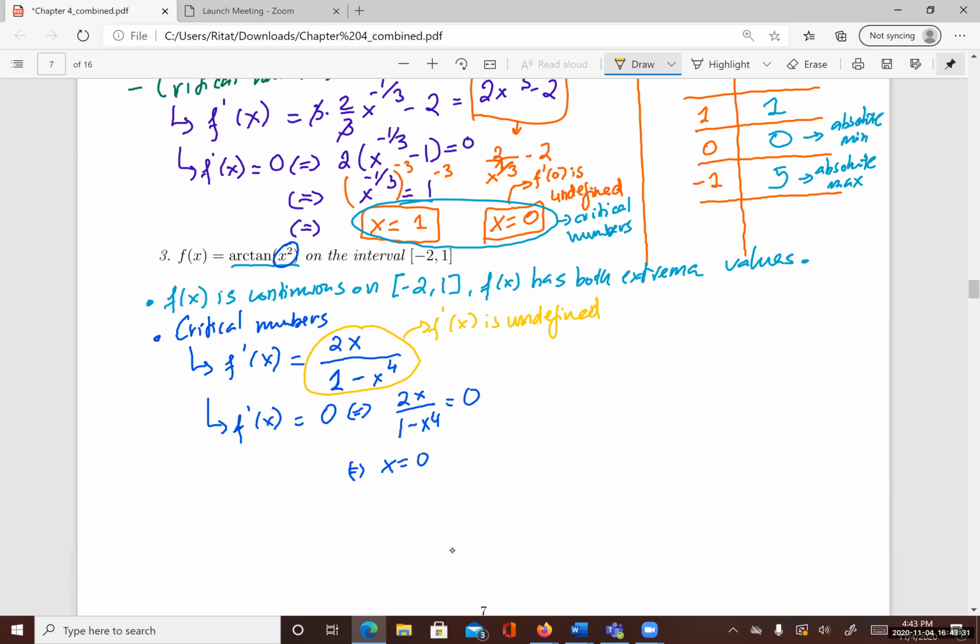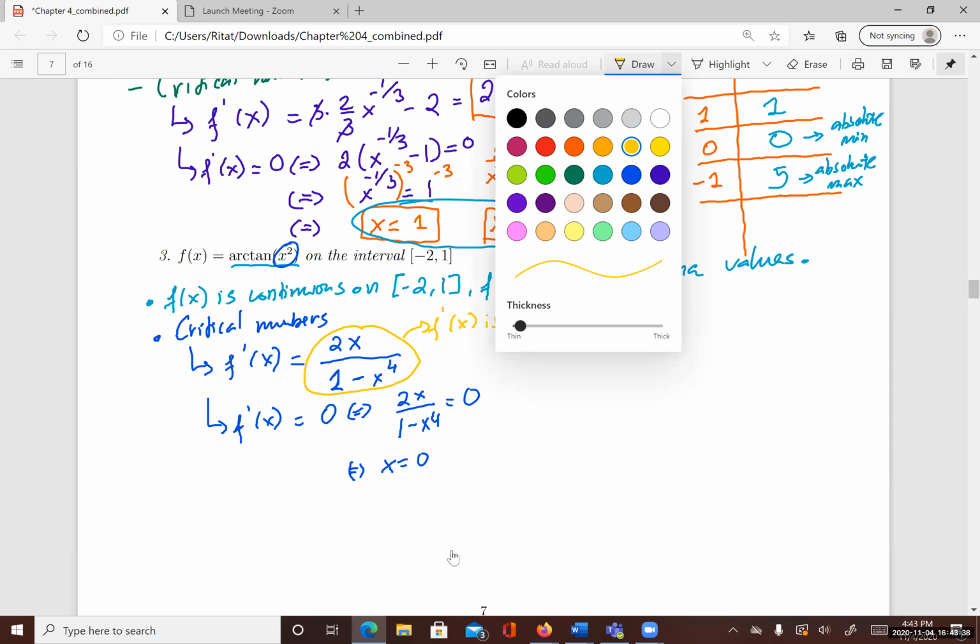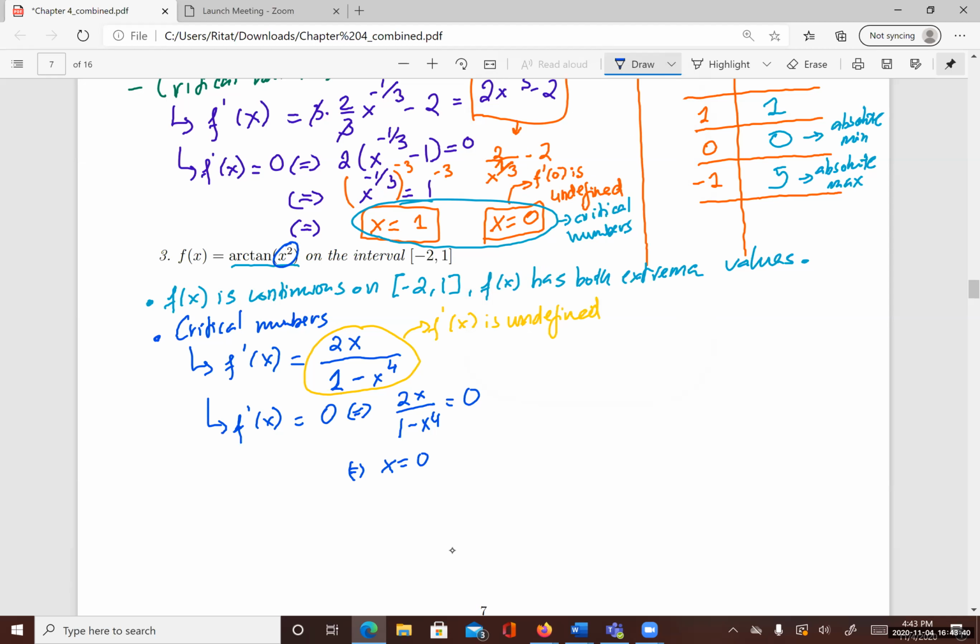Does it have any value where f prime of x is undefined? At first, I think yes, but actually, I made a mistake here. The derivative of the arctangent of u equals u prime over 1 plus u squared.